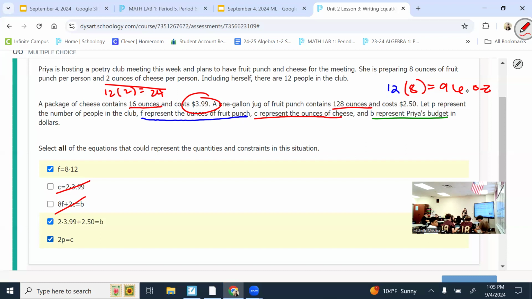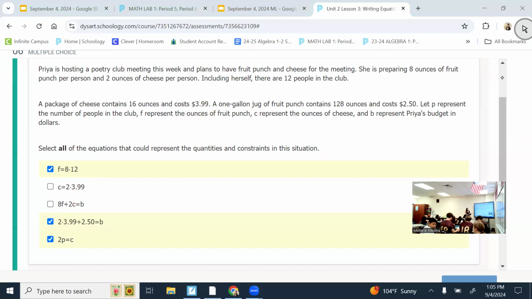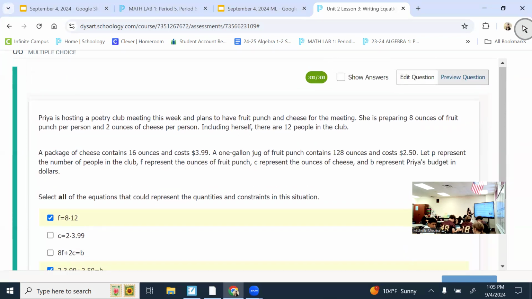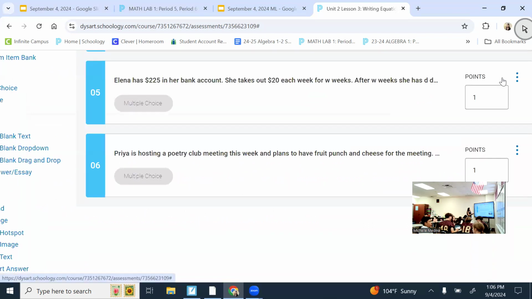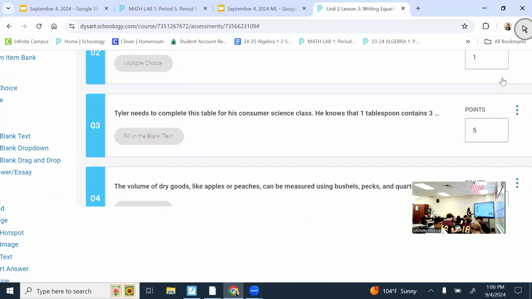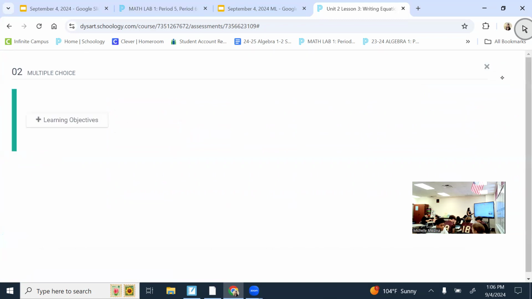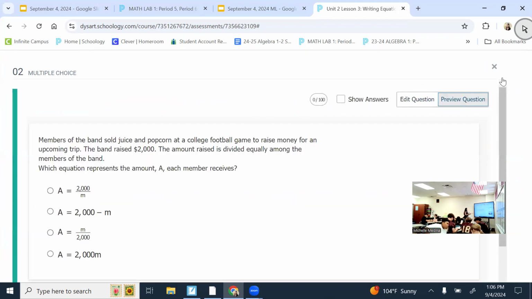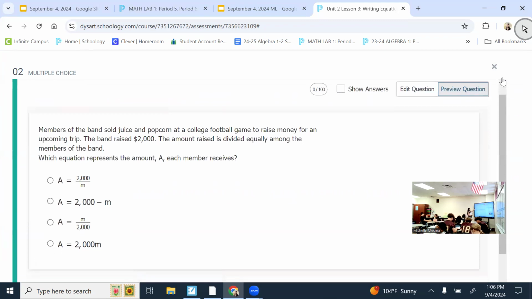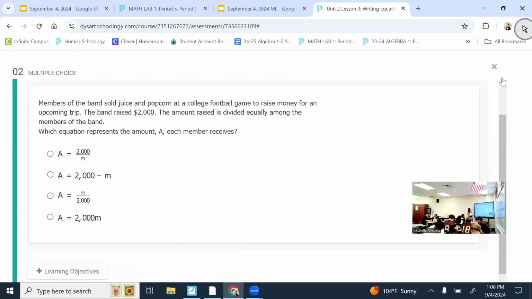Hayden? Number 2. So this one, number 2, the members of the band sold juice and popcorn at a college football game to raise money for an upcoming trip.